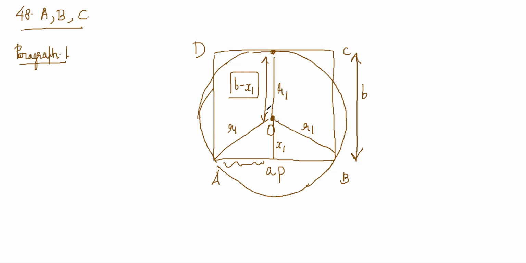I am introducing some new variables so I can write Pythagoras theorem and stuff. So this is a by 2 and this is a by 2 because these two triangles will be congruent, and with a by 2 and x, I get a relation with r1, and I should also get a relation on this.